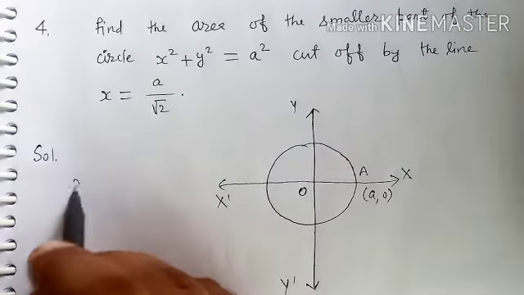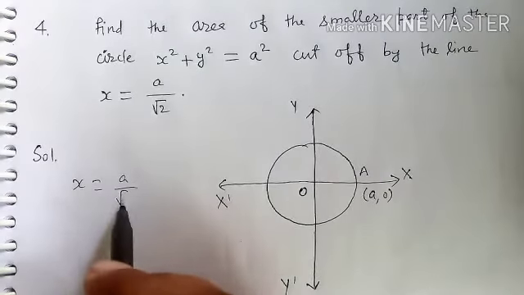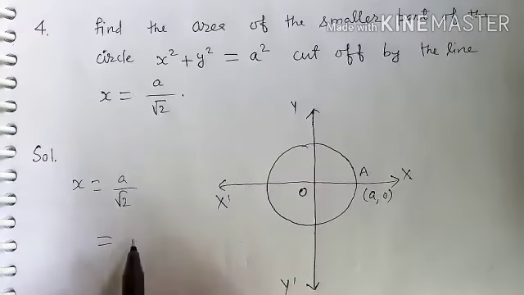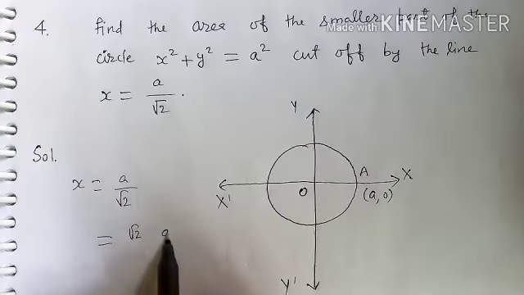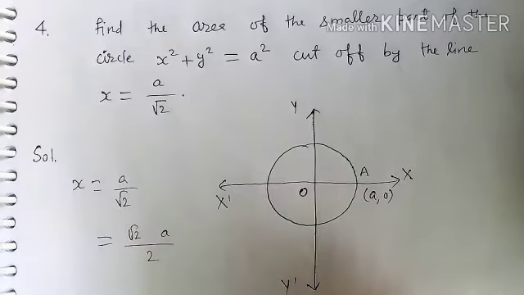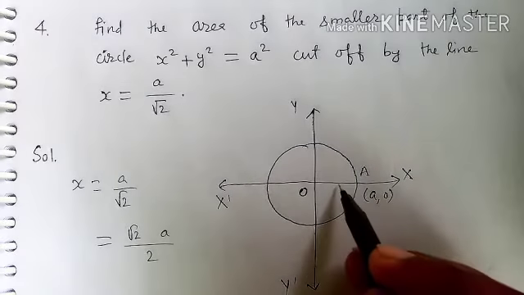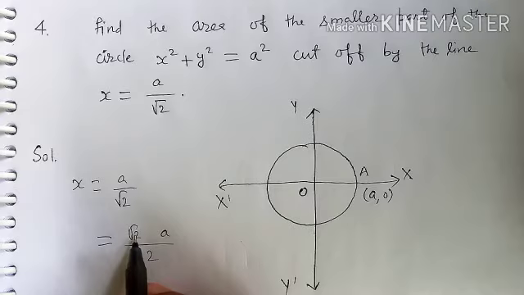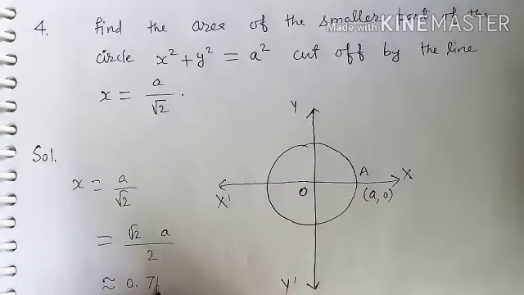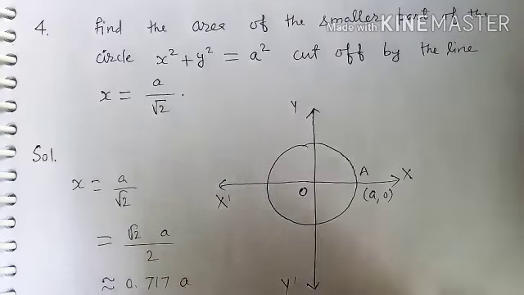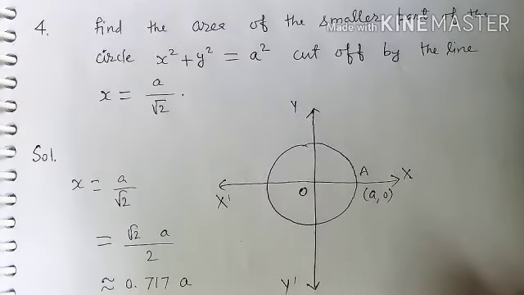We can write x is equal to a by root 2, if we multiply numerator and denominator by root 2, then root 2 a by 2. If we take its value, root 2 is 1.414, and when we divide 1.414 by 2, we get 0.717 a approximately.